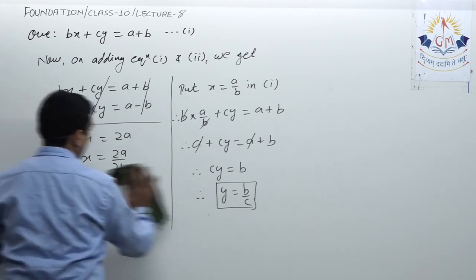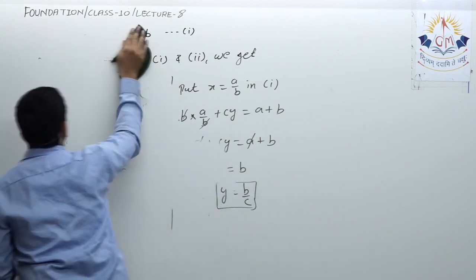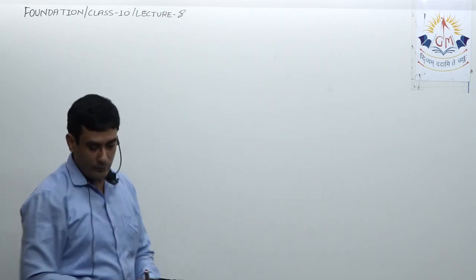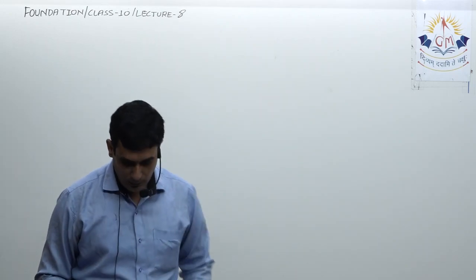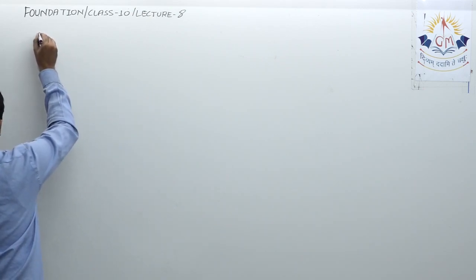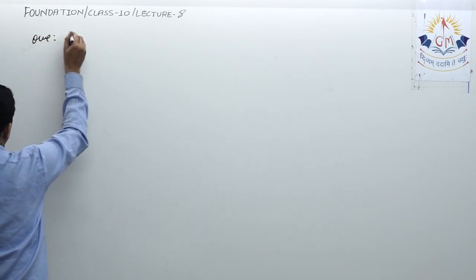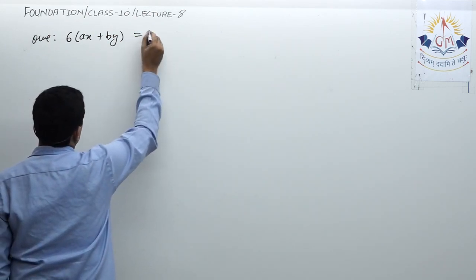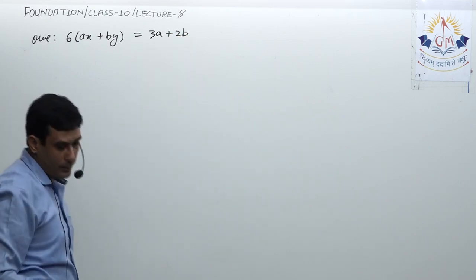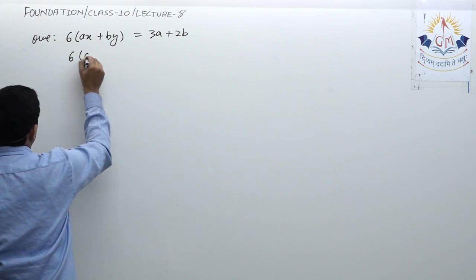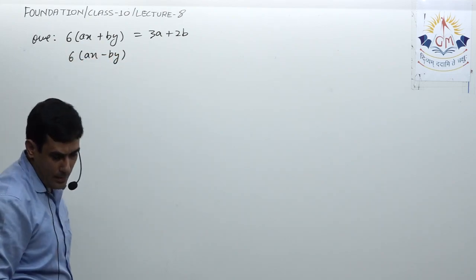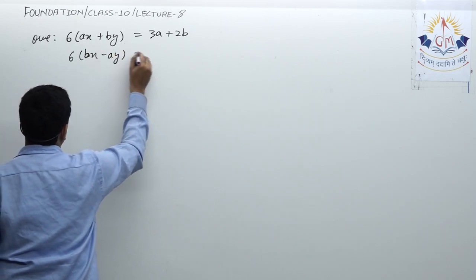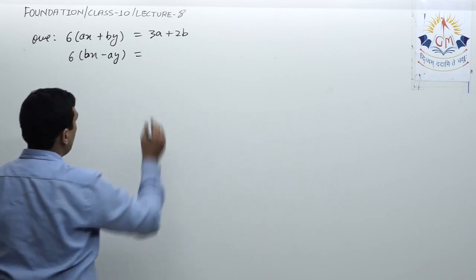Okay, now let us see the next question. The question is: 6ax plus by is equal to 3a plus 2b, and 6bx minus ay is equal to 3b minus 2a.